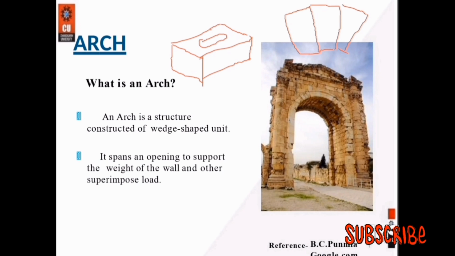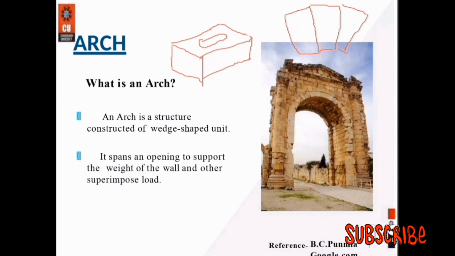It spans an opening to support the weight of the wall and other superimposed load. You have seen in your house lintels, which are provided at the top of the door and window. RCC lintels have been provided so that the load coming from above should not come to the door and window.